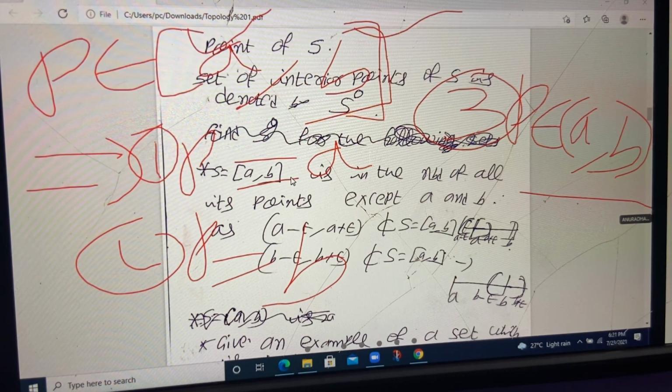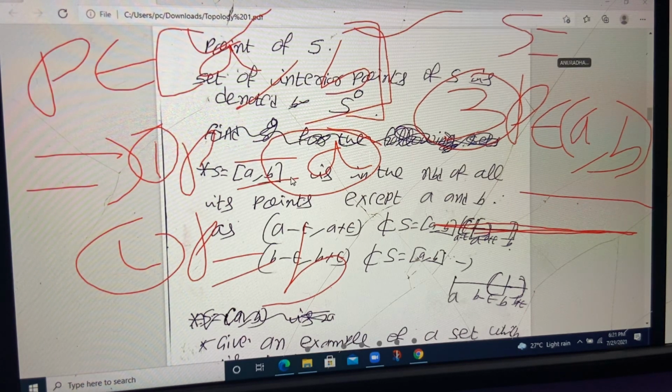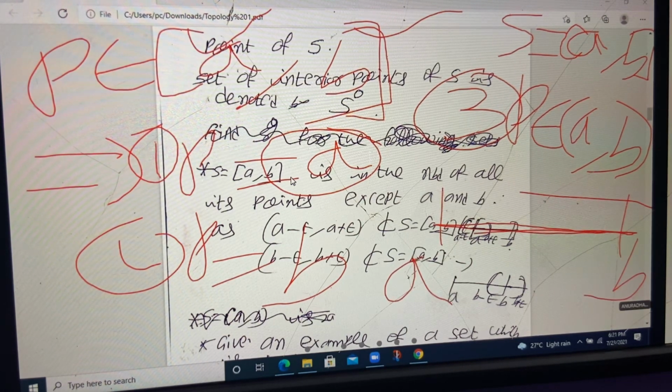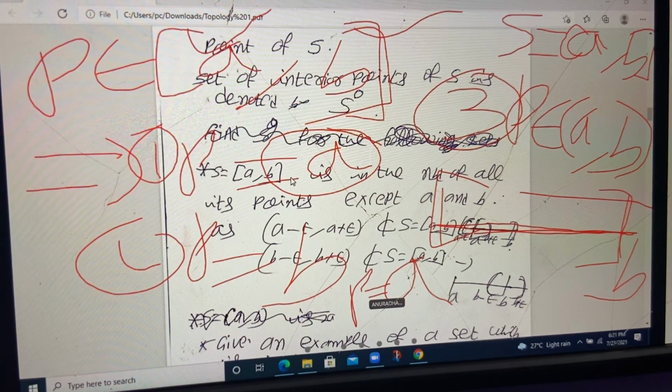Then in that case we want to know, is A an interior point of the set AB or not? Here the set is the closed interval AB. This is the set S. So this is A, this is B. The set S means all real numbers in between A and B, including A, including B. If I take P equal to A, I want to know whether it is an interior point or not.